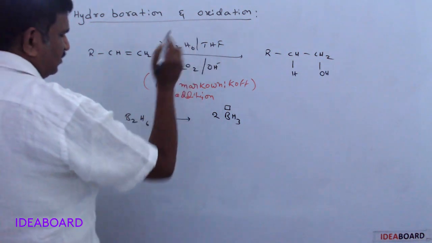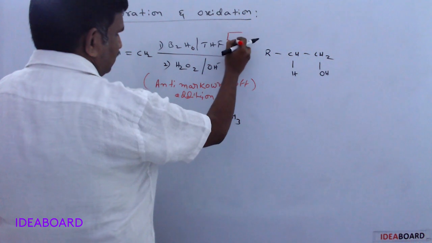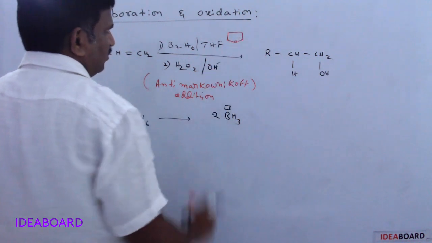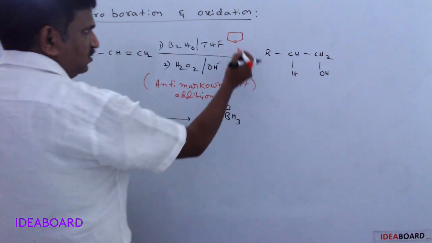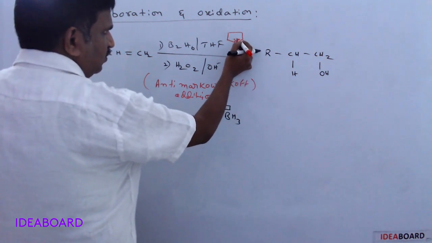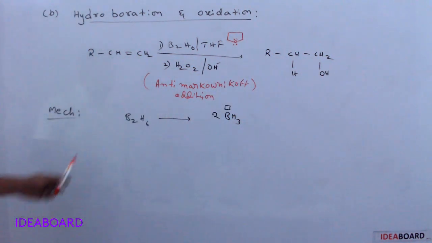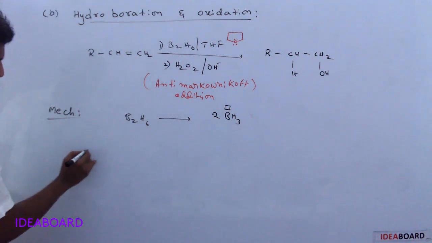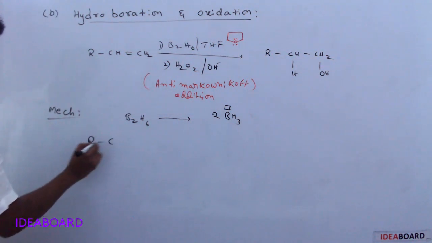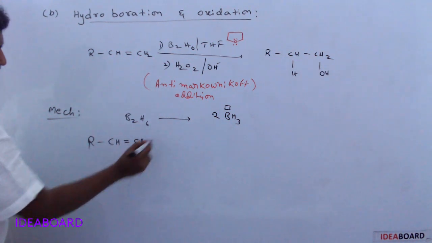In the presence of tetrahydrofuran, this is the tetrahydrofuran: 4 carbon atoms and 1 oxygen atom. This oxygen has 2 lone pairs on it. In the presence of that solvent, this BH3 molecule attacks the alkene, RCH double bond CH2.